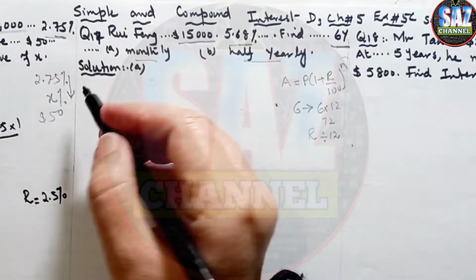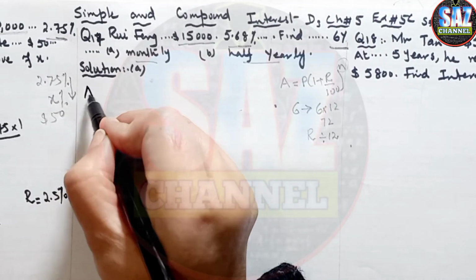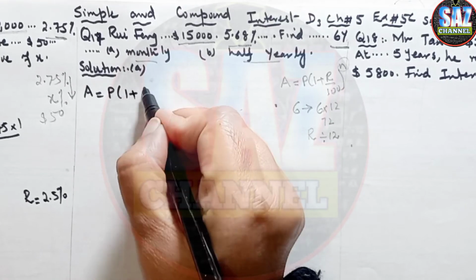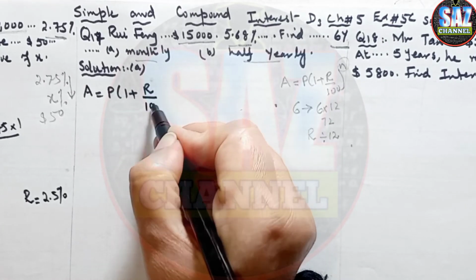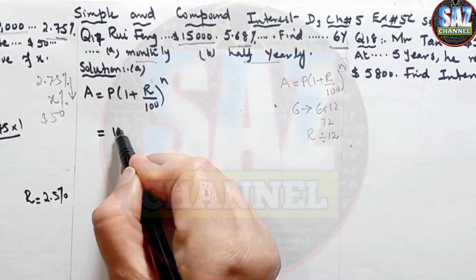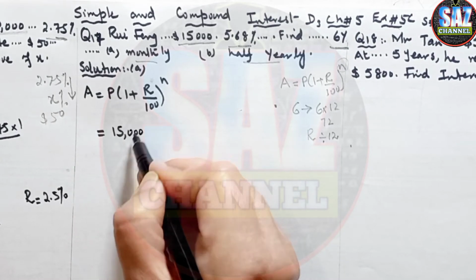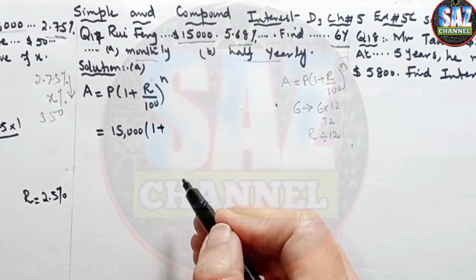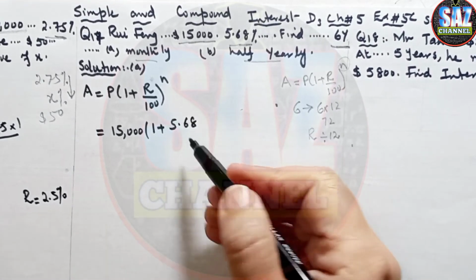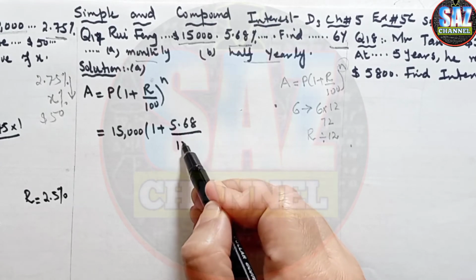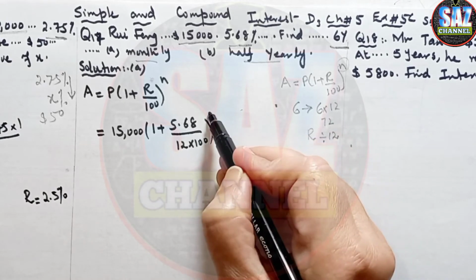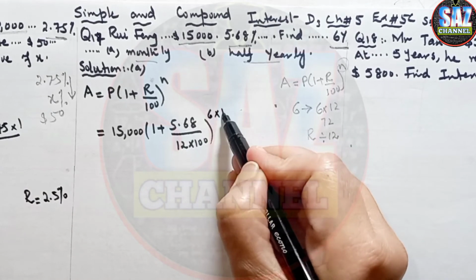Okay, and the formula for the compound interest is amount equals principal into 1 plus R over 100 raised to the power of n. Now principal amount will be replaced by 15,000, 1 plus rate, that is 5.68 upon 12 multiplied by 100, and the conversion periods will be 6 multiplied by 12.